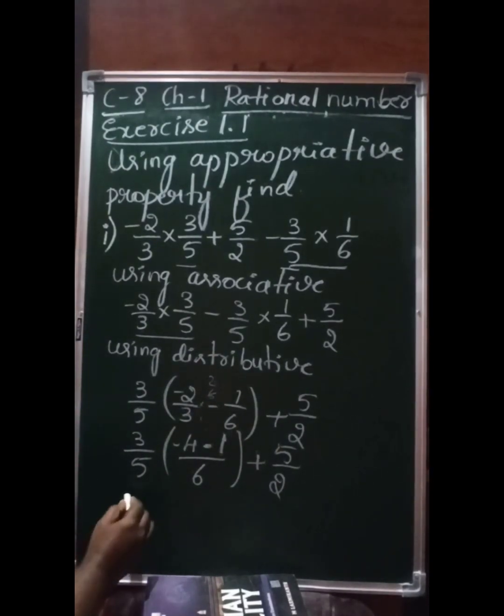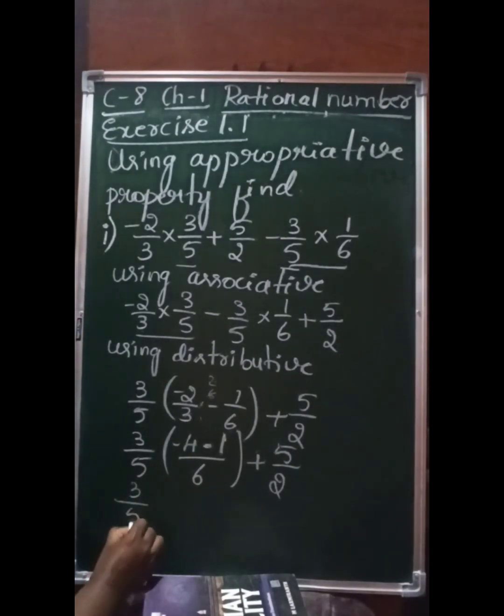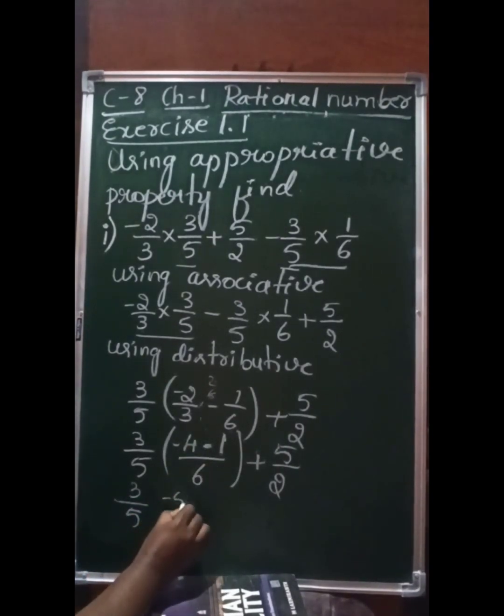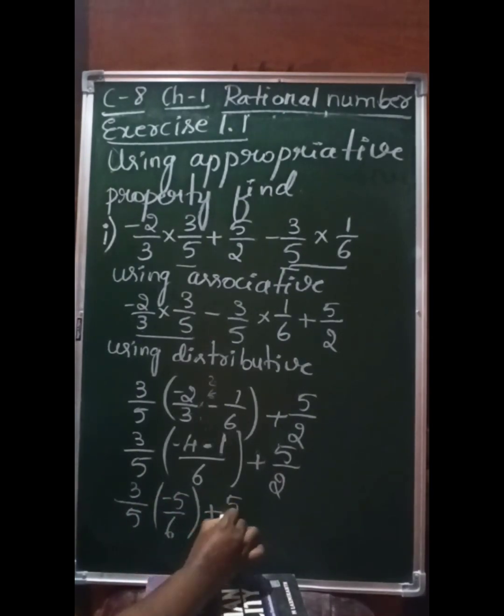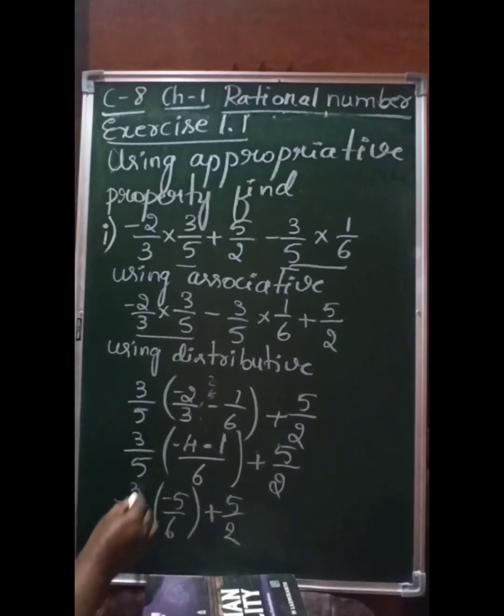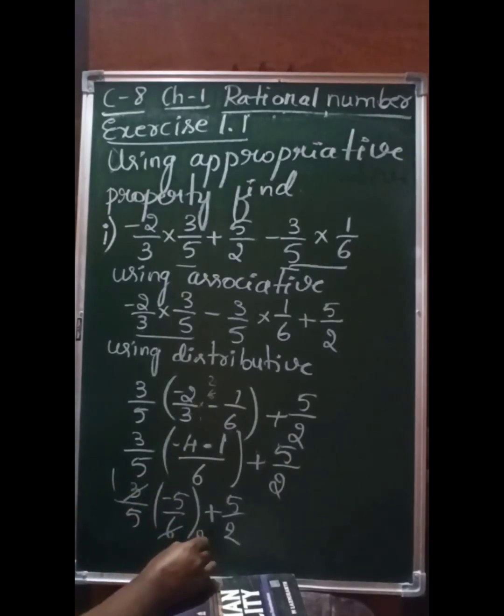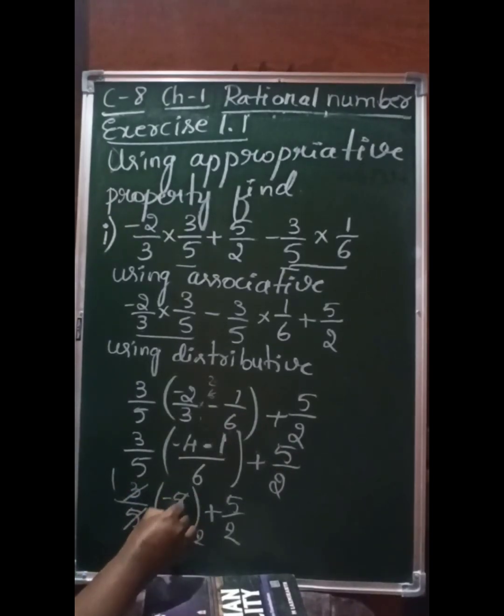So after this solve this one. 3 by 5 write as it is. This will become minus 5 by 6 plus 5 by 2. So here you can cancel, 3 ones are 3, twos are, then here 5 ones are 5, ones are.